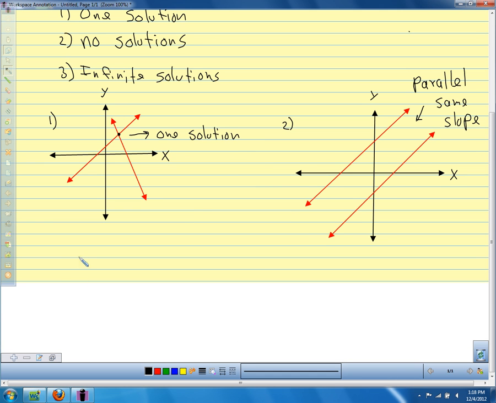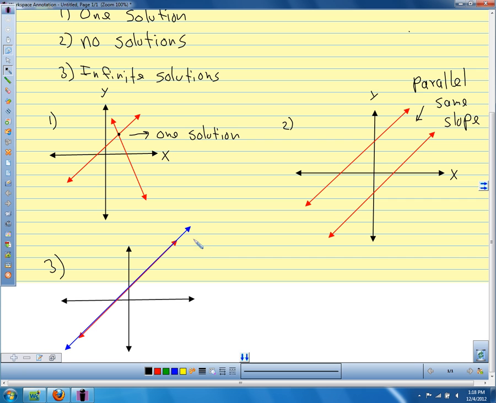In our third case, if we have infinite solutions, do we know what happens then? The lines are equal. They end up being right on top of each other. So I have one line like so, and another line, I'll do it in another color, and I'll just put it right on top here. Another line like so.